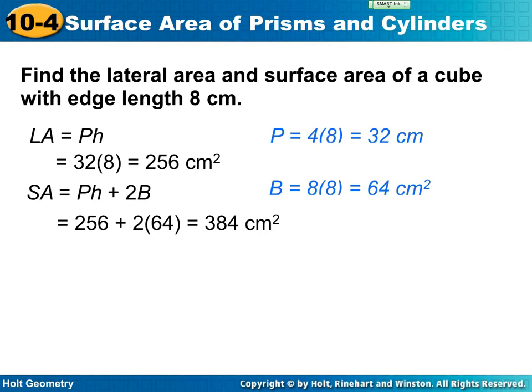If you did the lateral area of just the cube, 4 times side squared, that would still be 256. And if you did the surface area as 6 times the side squared, that would be 384 for that one also. But I treated it like a prism. It looks like some of you did the same. Question on one of those methods? Okay, if you're not asking, that means that you got it.